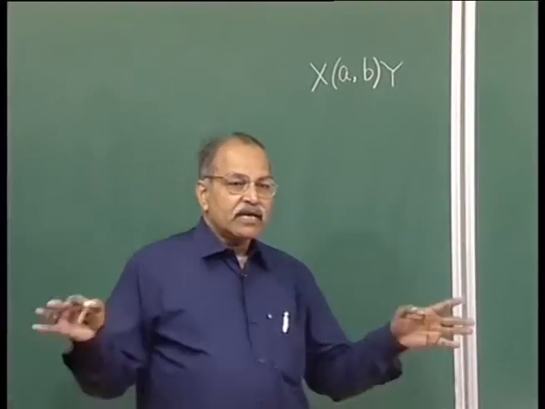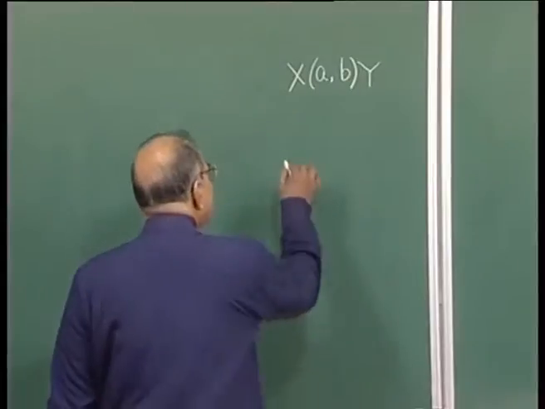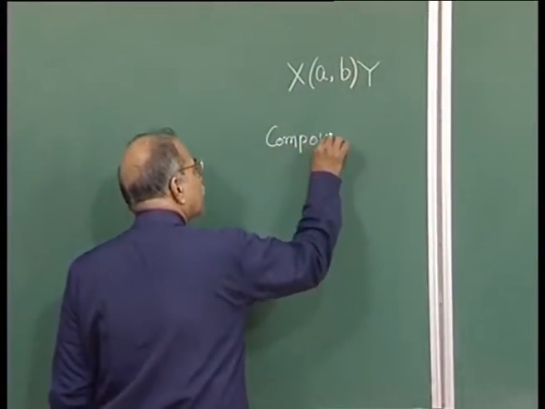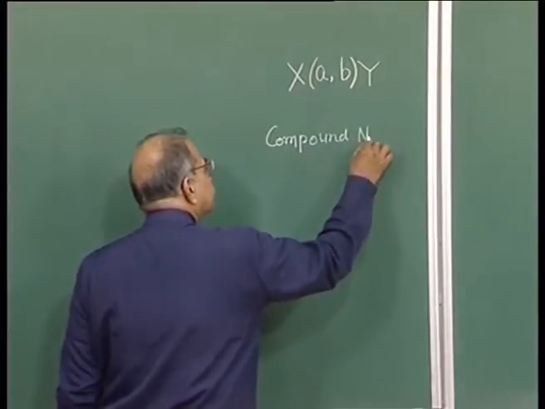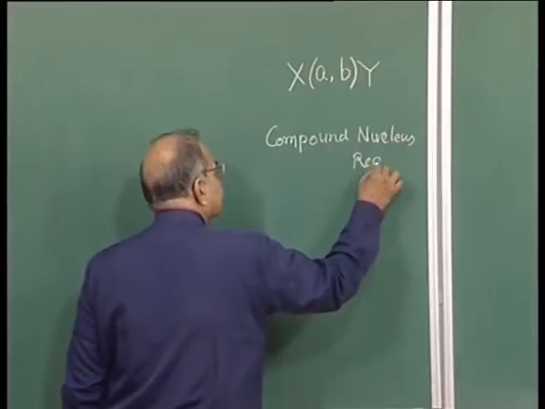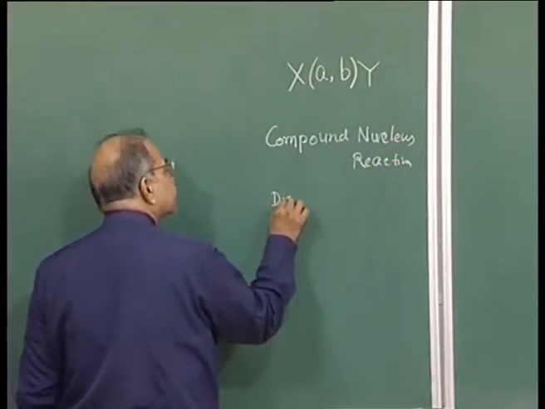Now, in this nuclear reaction, we talked of two varieties. One is what we call compound nucleus reaction, and the other we talked of direct reactions.